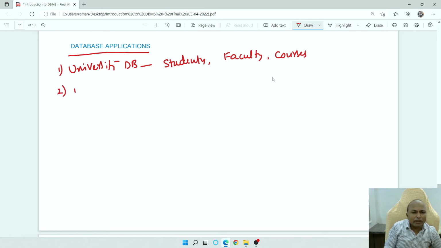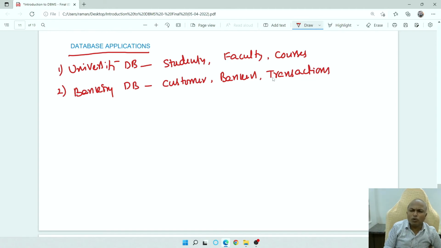Coming to the banking database, it contains a customer table, a table for bank employees, and a list of transactions table.